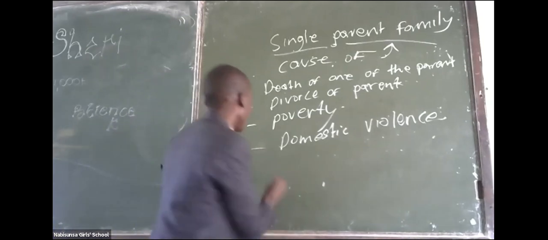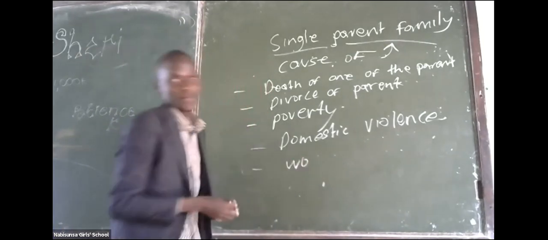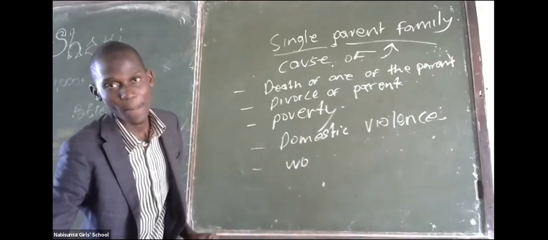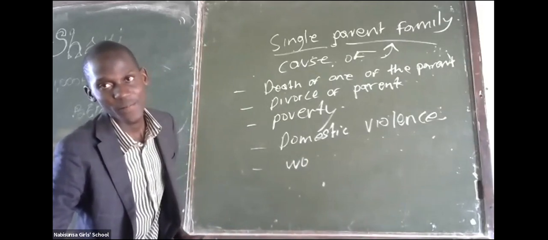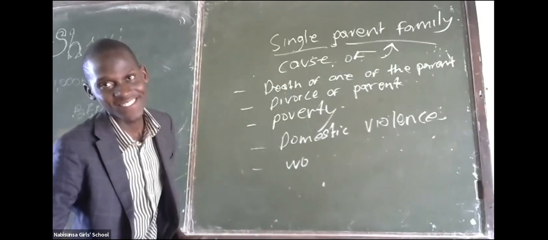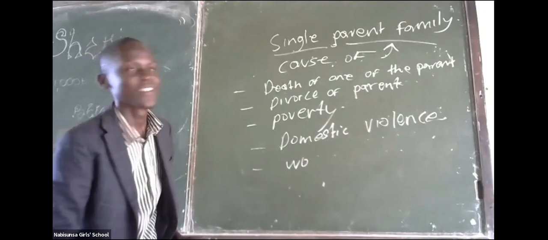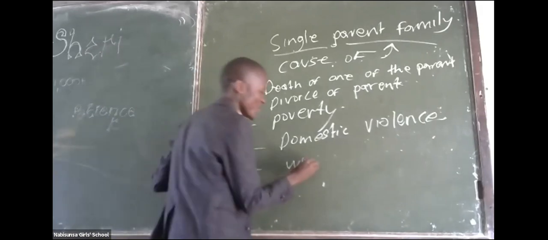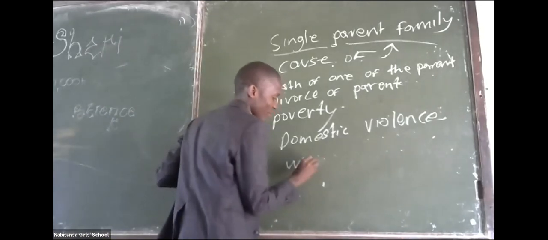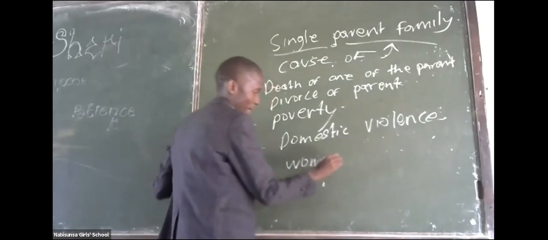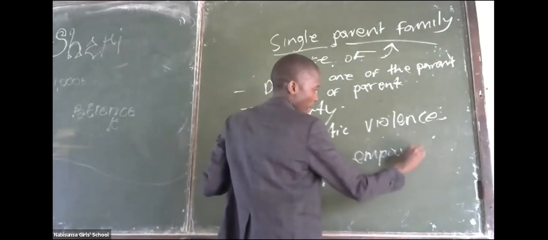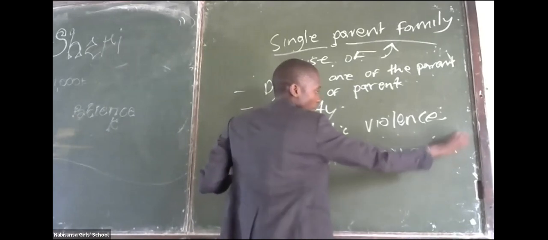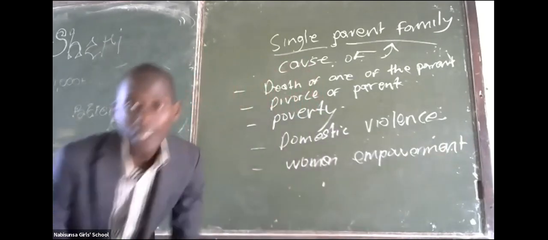Let's talk about adultery. Two girlfriends and wives. Adultery. Empowerment. Then I have seen, let me look at the points.